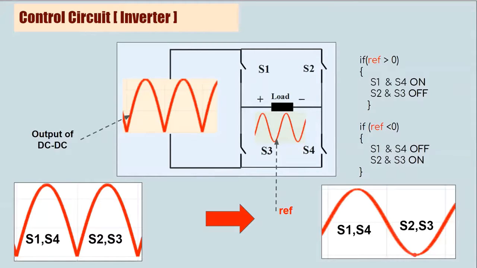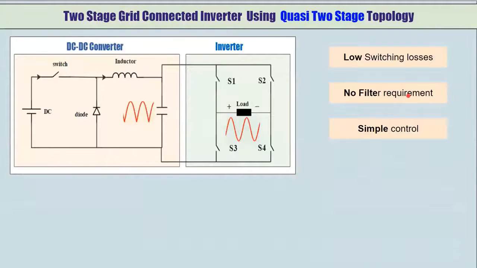So output will be like this. As you can see, this is a simple algorithm. Means when reference current is greater than 0, we will turn on S1, S4, and for negative cycle we will turn on S2, S3. You can see S2, S3 and S1, S4 are complementary to each other. That is a simple algorithm.